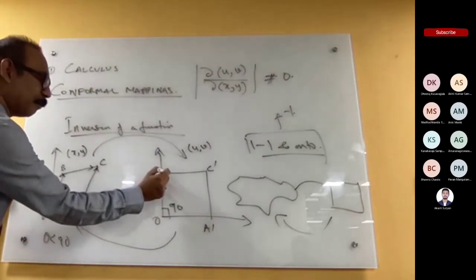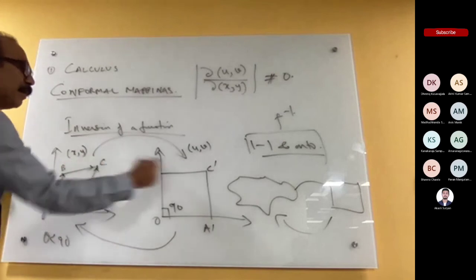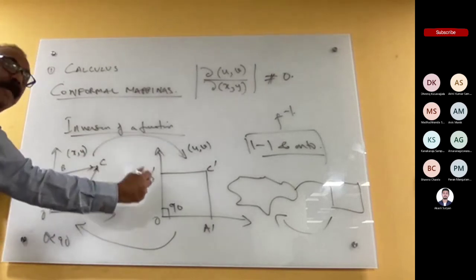That means for some epsilon distance here, that shape is being maintained like that.